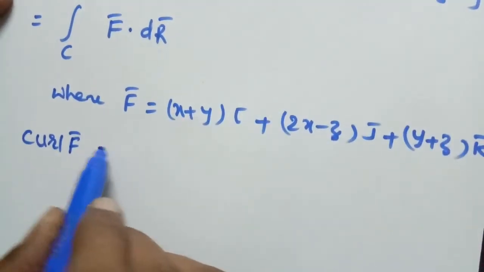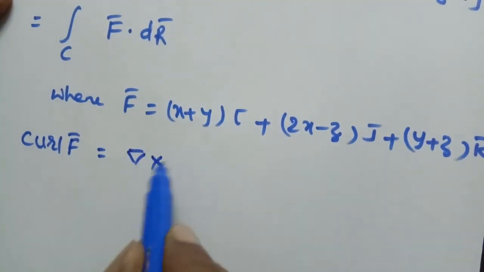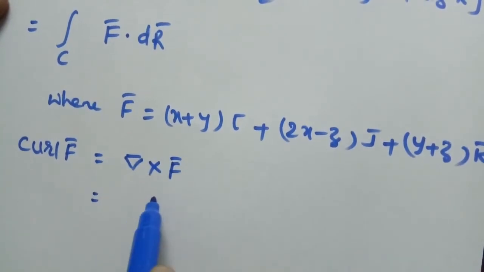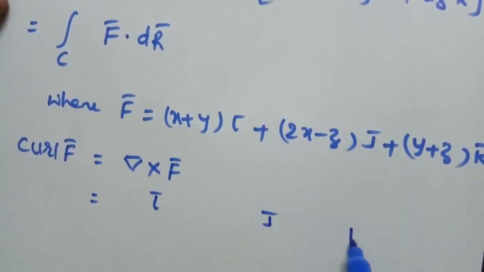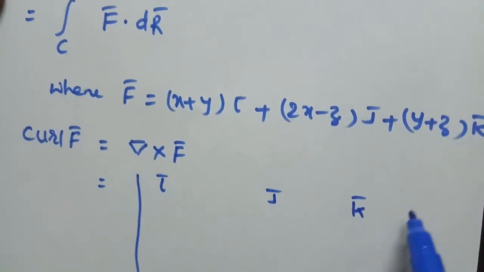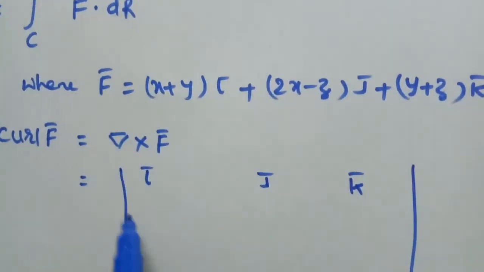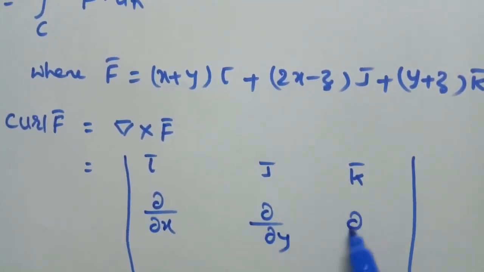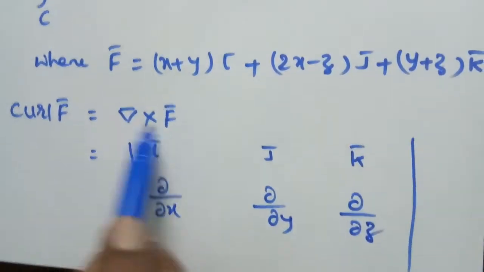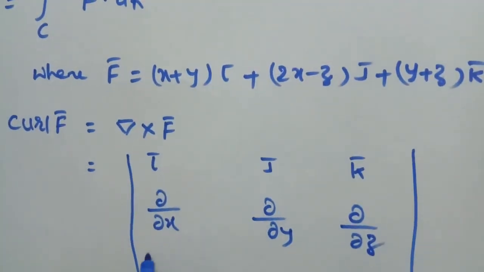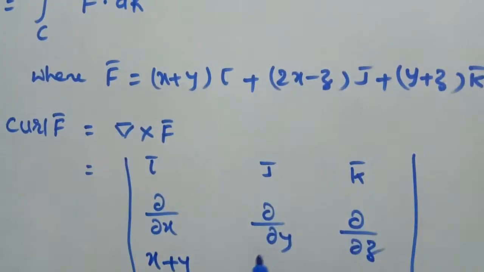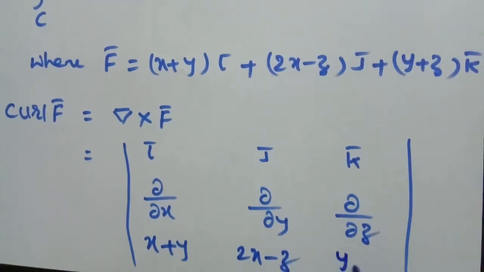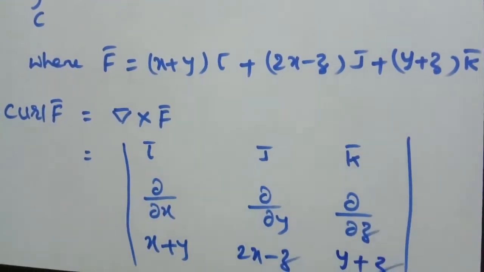Now, curl f bar is equal to del cross f bar, that is equal to the determinant of i bar, j bar, k bar; del components dou by dou x, dou by dou y, dou by dou z; components of f bar: x plus y, 2x minus z, y plus z.